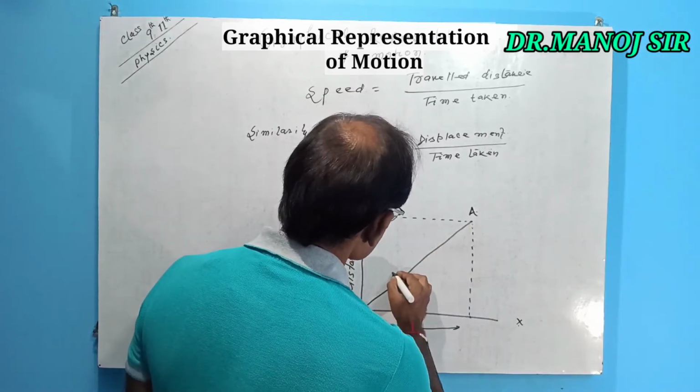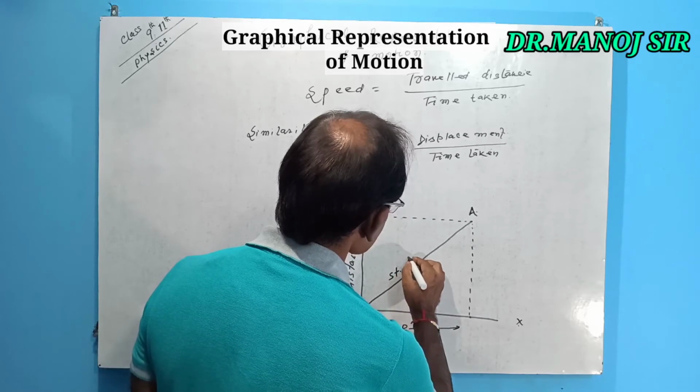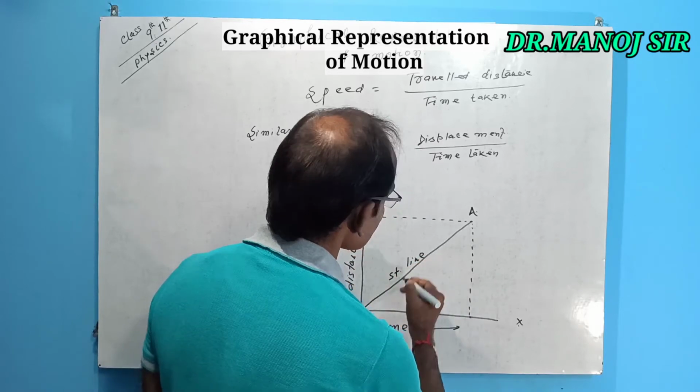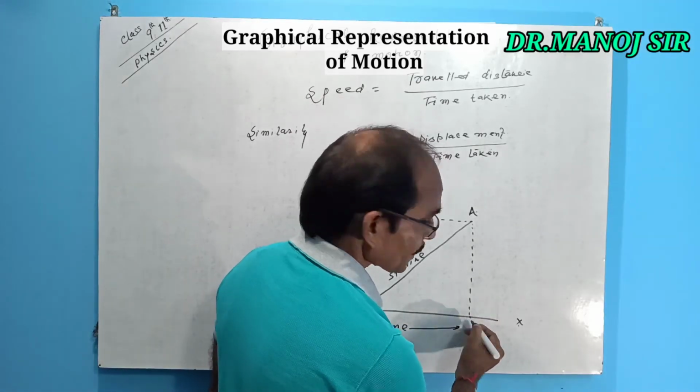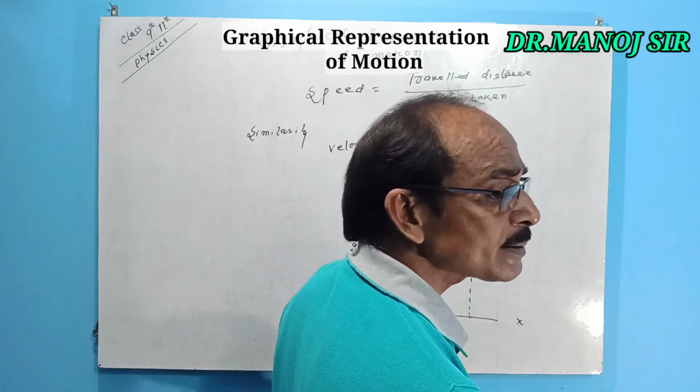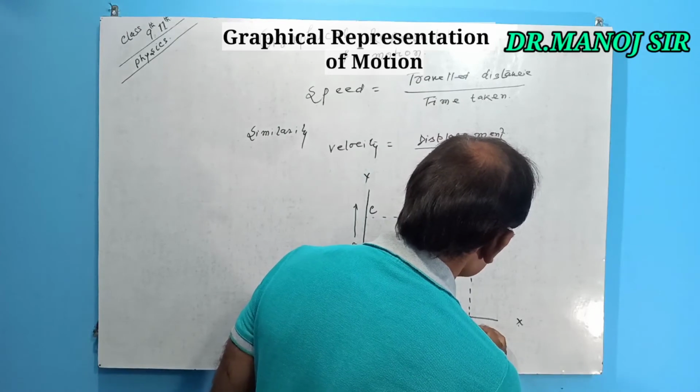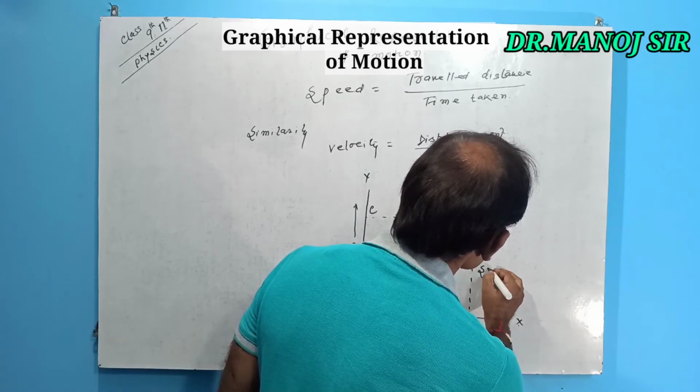OA is a straight line, and AB is the slope.